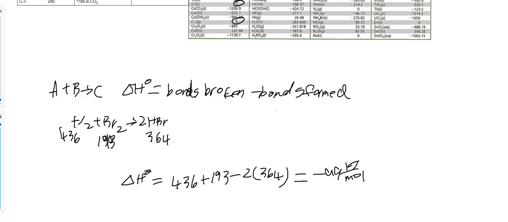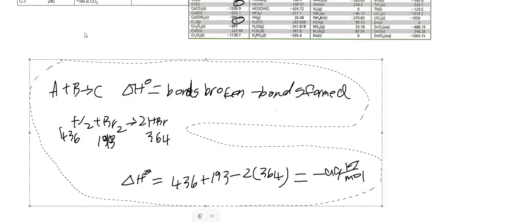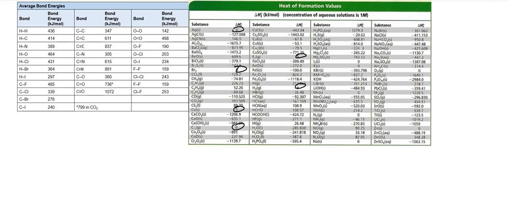Okay? So, now we can actually move on to enthalpies of formation. Sorry, I'm tired. Enthalpy of formation is the amount of heat that is required to make 1 mole of that substance. Now you'll notice, silver solid 0, bromine 0, calcium solid 0, chlorine gas 0, fluorine gas 0, hydrogen gas 0.